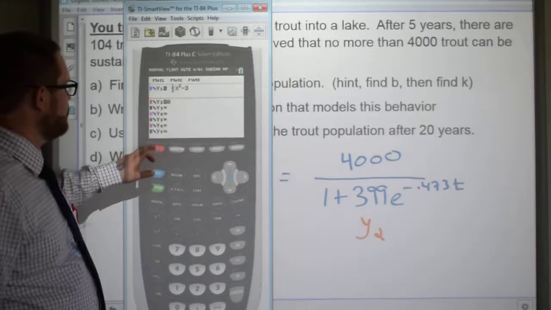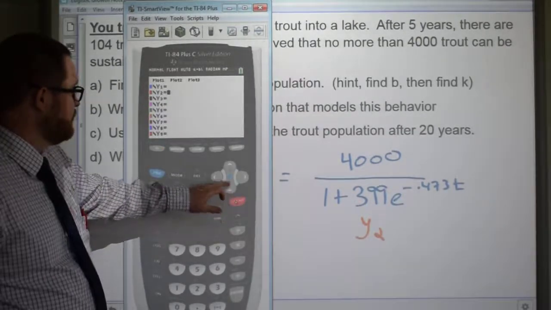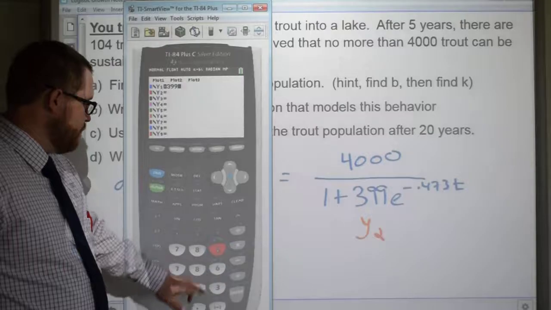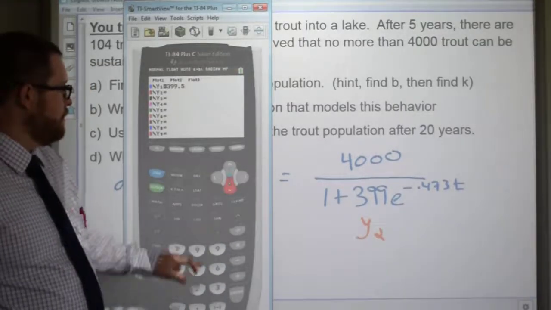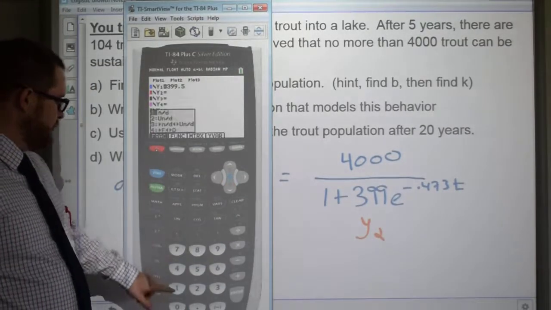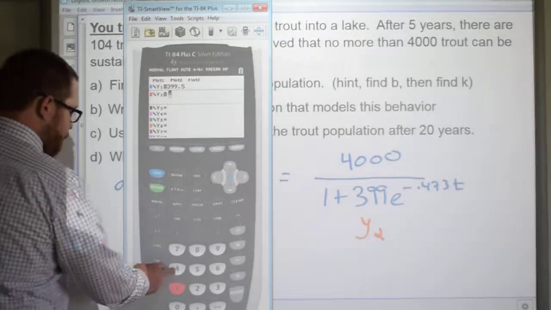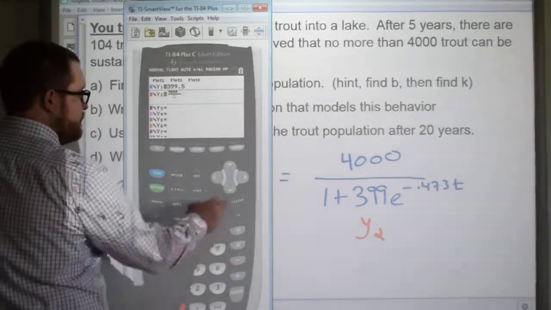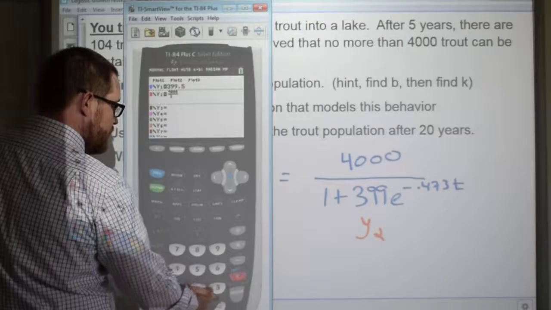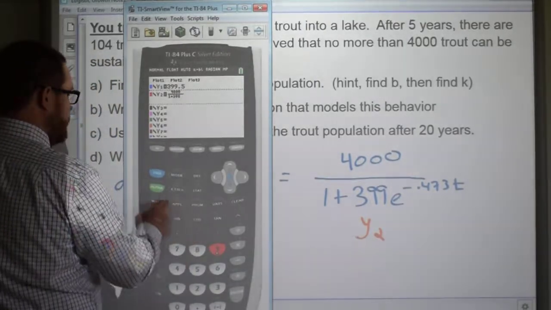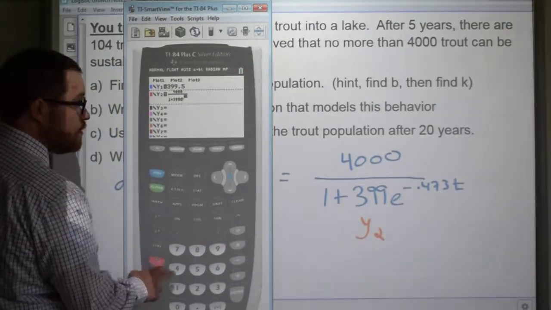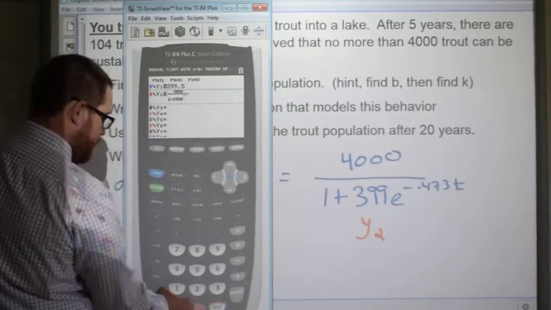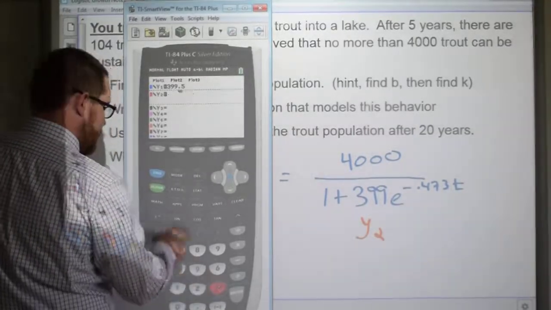So let's go to y equals. Let's clear out our previous problems. 3,999.5 in y1, and 4,000 on top, 1 plus 399 e to the negative 0.473x in y2.